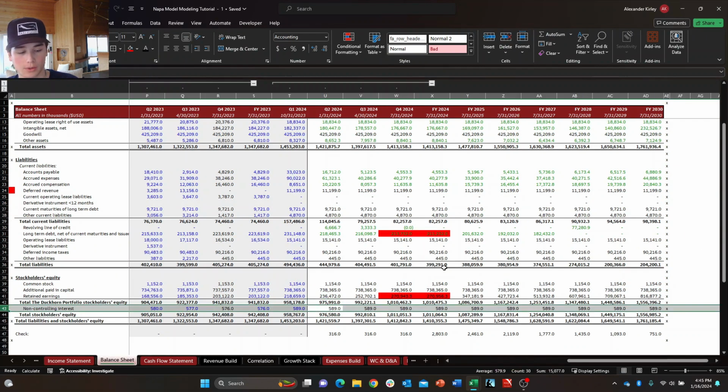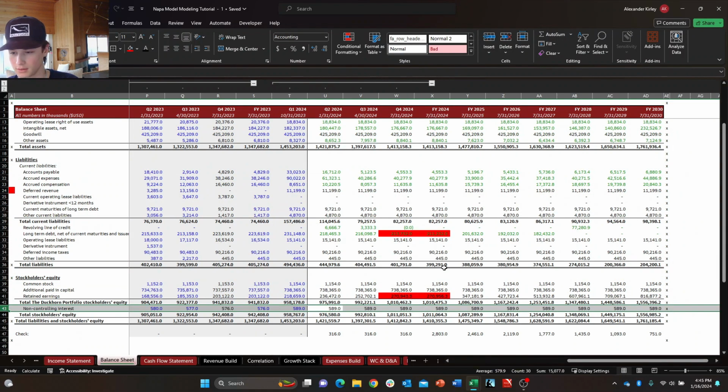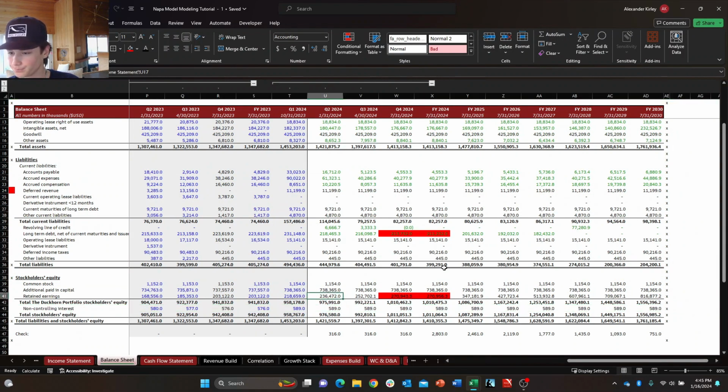And then our non-controlling interest will be growing as well with the net income attributable to non-controlling interest. So this retained earnings, I actually want to make it U19. Come here, 19. Right, now we see that this is the same.